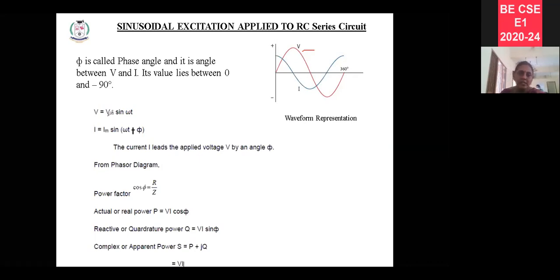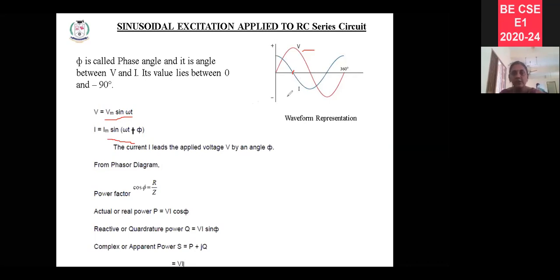We write V equal to Vm sin omega t, and here Im sin (omega t plus phi), so an angle of phi is added. Because of this, the current is going to lead the voltage. This is the current waveform, and it is going ahead of the voltage.